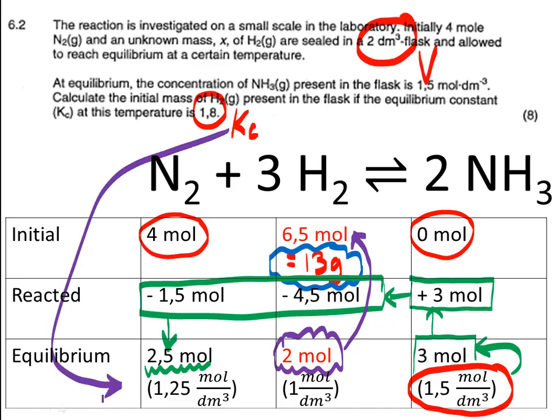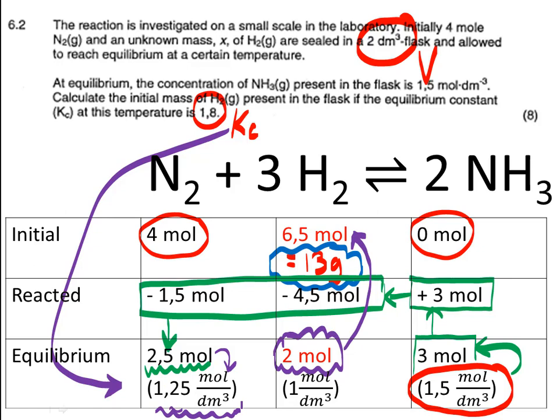But before we can use the Kc value, we had to convert the number of moles of nitrogen at equilibrium into its concentration, because Kc makes use of concentration. And we know, of course, that the volume is 2 decimeter cubed. Therefore, the concentration must be half of 2,5, 1,25 mole per decimeter cubed. That was the concentration of nitrogen that we had at equilibrium.